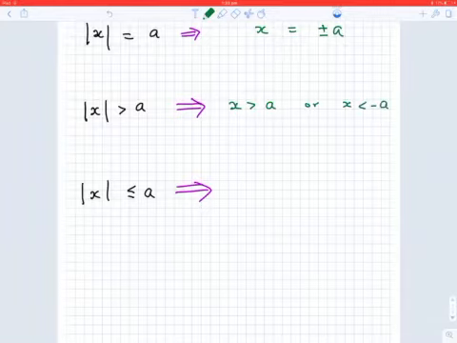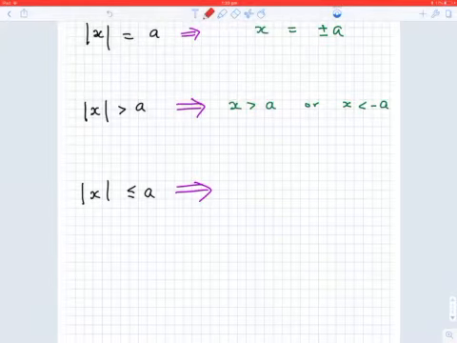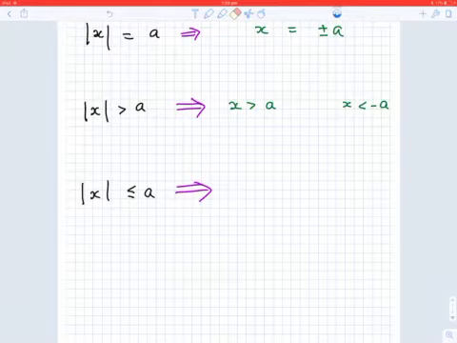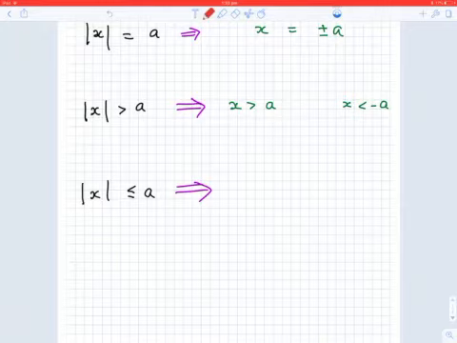Likewise, the absolute value of x more than a means either x is more than a or x is less than minus a. So remember that.